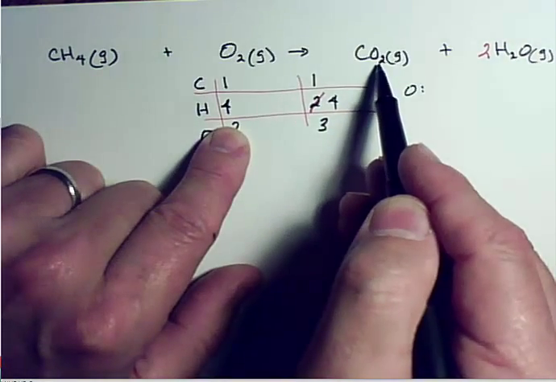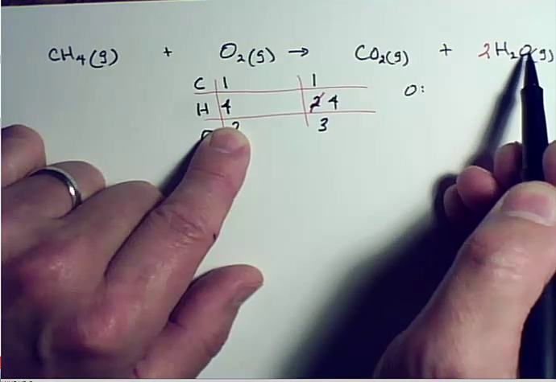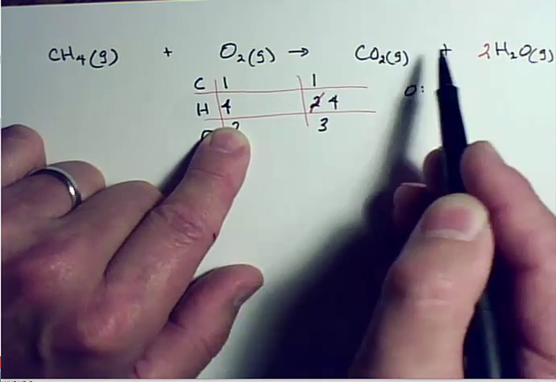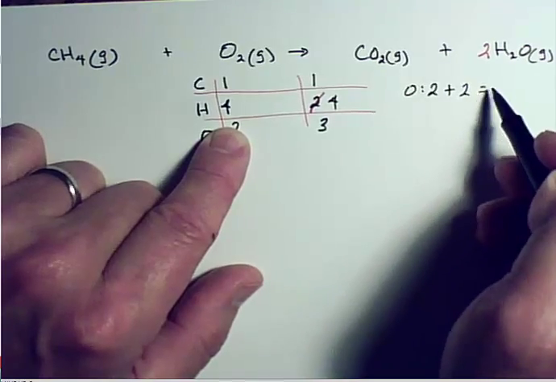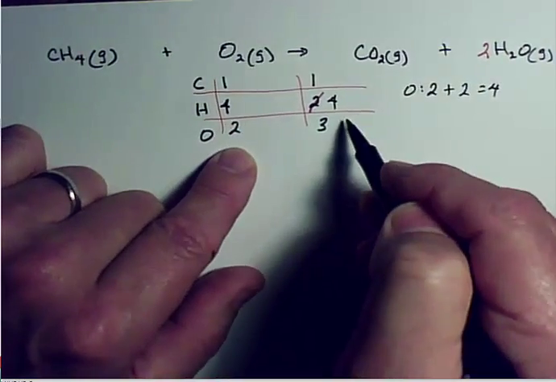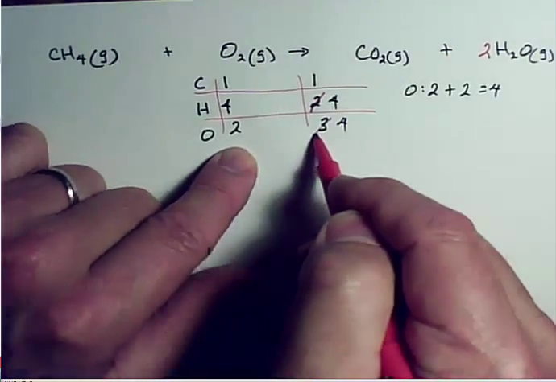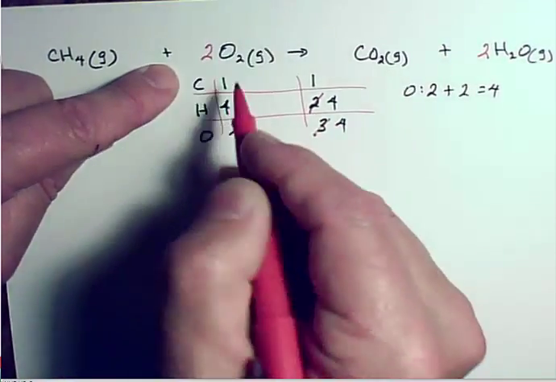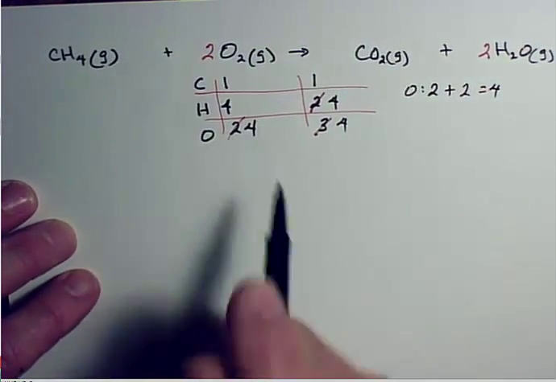I've got 2 oxygens here, and over here I've got 1 oxygen, but this 2 also multiplies that 1. So we've got 2 oxygens here and 2 here, and 2 plus 2 equals 4. So now we have 4 oxygens. To get 4 oxygens on the left, I just need a coefficient in front of this of 2, and 2 times 2 is 4, and everything's balanced.